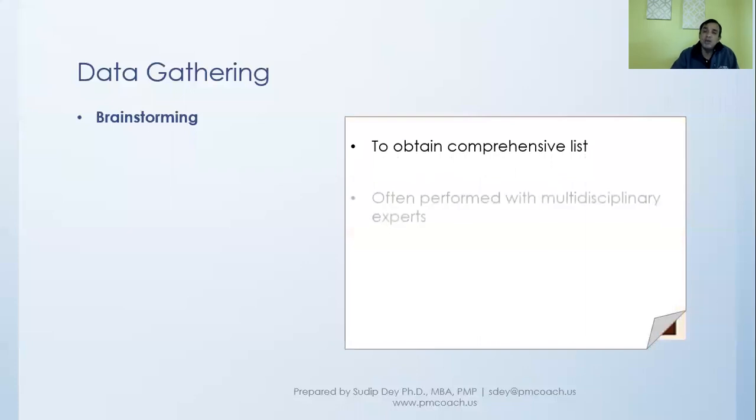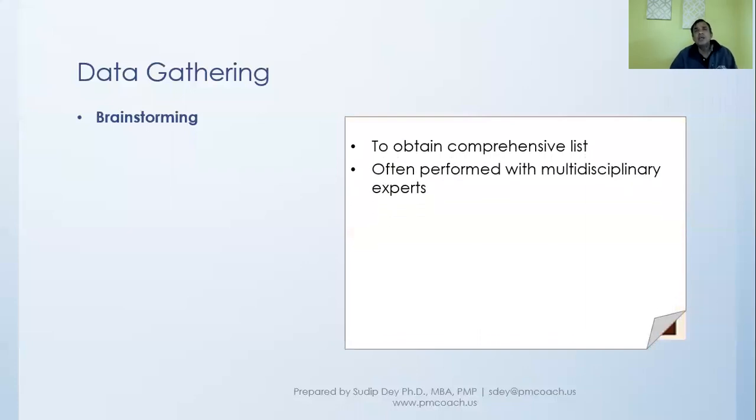And when we do that, we will typically bring in experts from different disciplines, and more often than not from outside our project, to understand what possible risks can impact our project. This discussion can either be free form brainstorming, or it can have some structure. Maybe we'll have our risk breakdown structure guide our discussion or brainstorming.